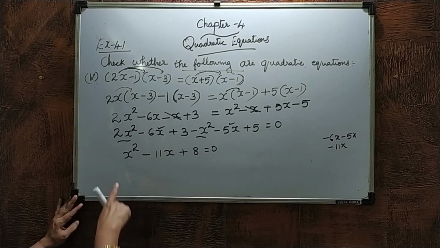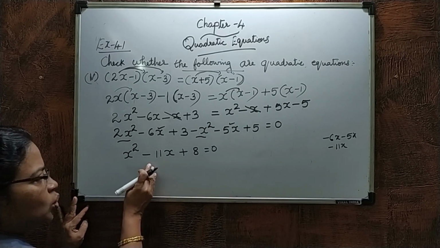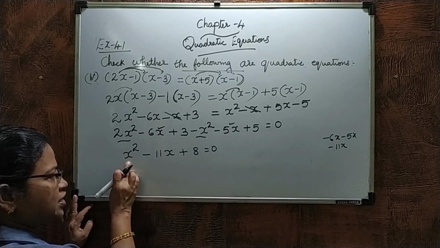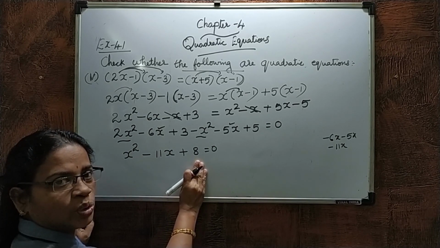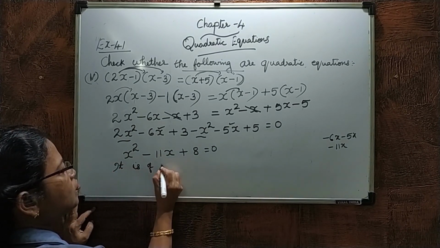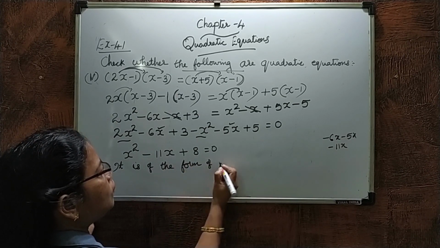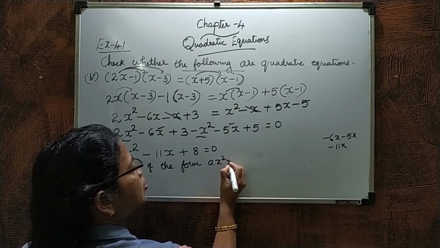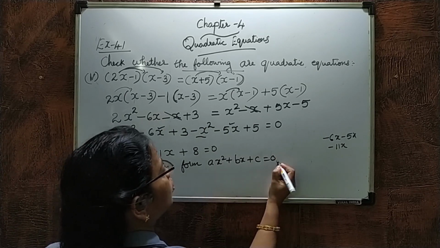Now look, is it the form of ax square plus bx plus c? Yes. Now look, don't think that because minus is there, it is not in the form. No, a is equal to 1, b is equal to negative 11, c is equal to 8. So it is of the form ax square plus bx plus c equal to 0.